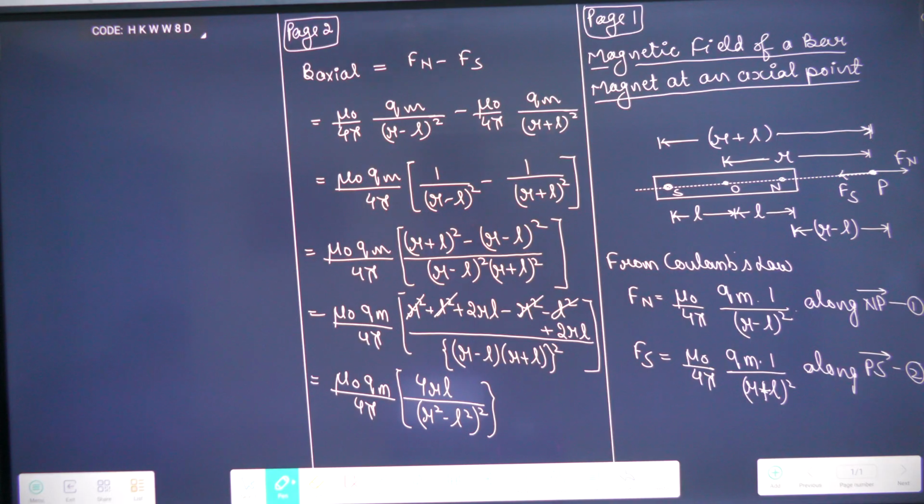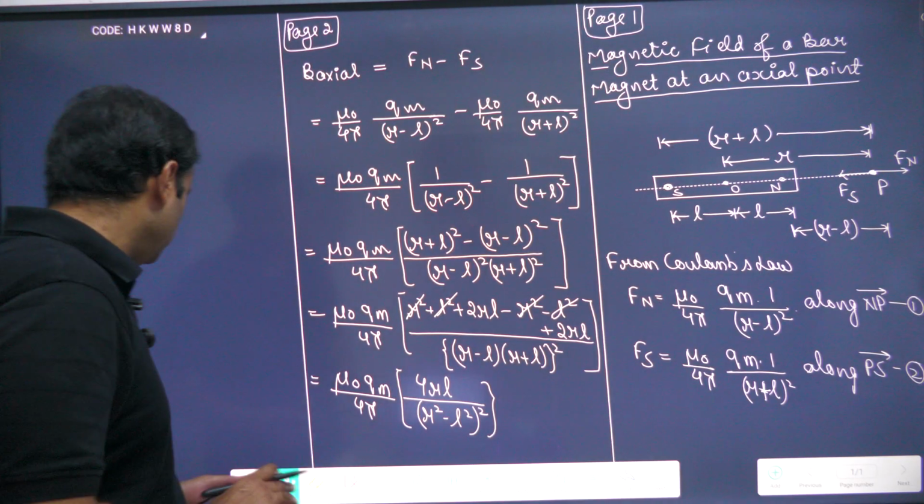Yes, sir. Okay, but we know that magnetic dipole moment M is equal to Qm into 2l.